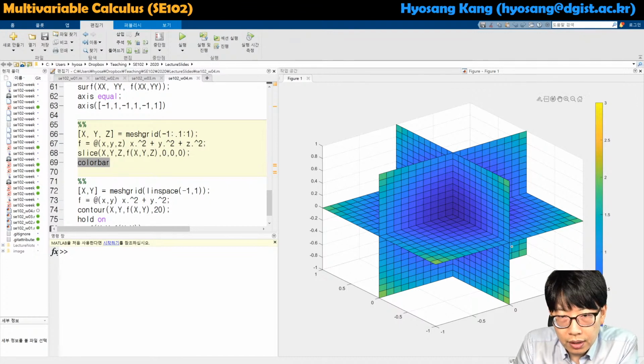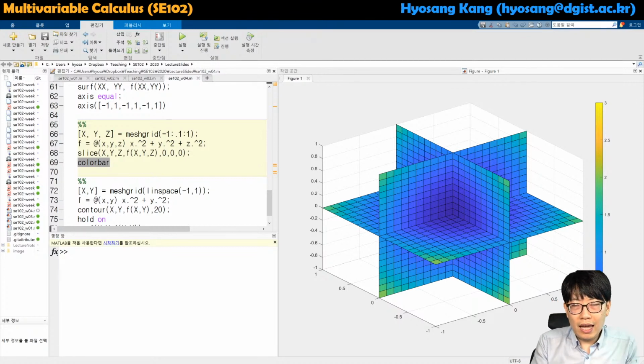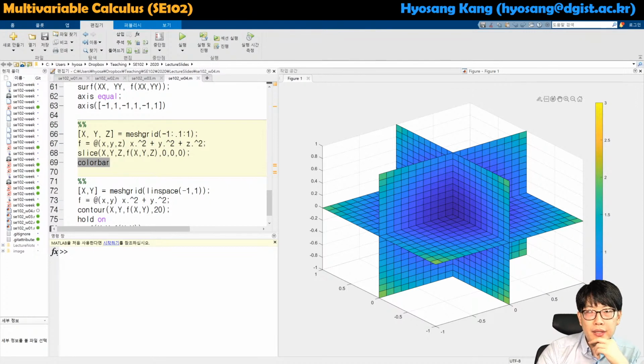The most blue point represents 0, and the bright yellow represents the number 3. On 0, 0, 0, we have the most blue color, so it means that the value of the function is 0. It doesn't show you the exact value, but it gives an intuition of how large the value of the function is by using color. When the point moves away from 0, 0, 0, its color becomes greenish to yellowish.